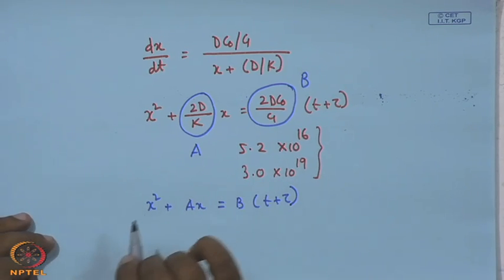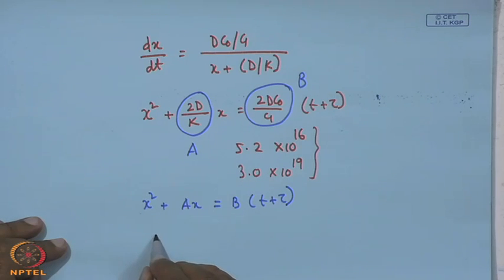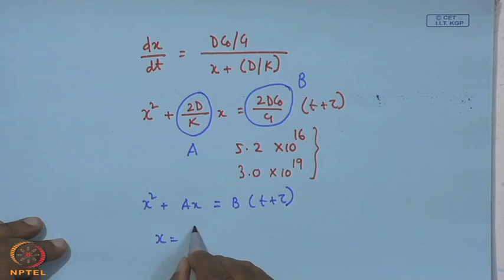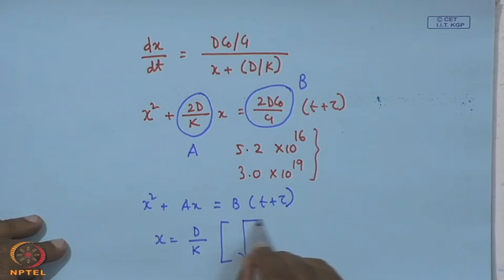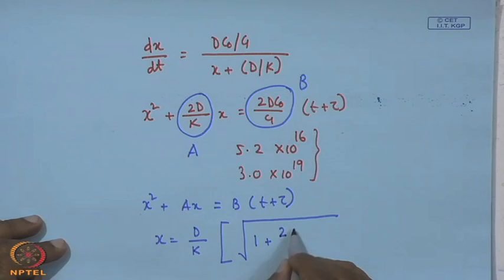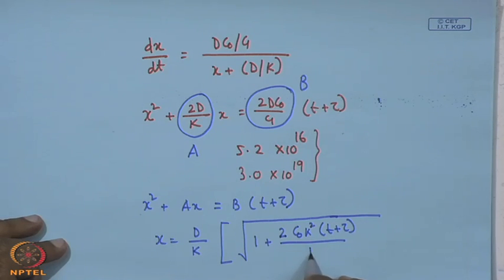Then after time t, what should be the oxide thickness? Then you have to take the value of x equals D by k root over of 1 plus 2 C0 k square into t plus tau by D C1, minus 1.